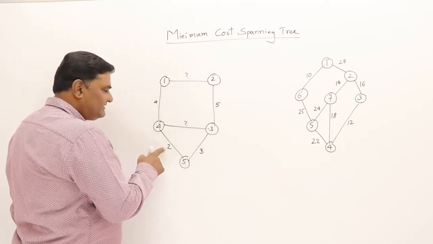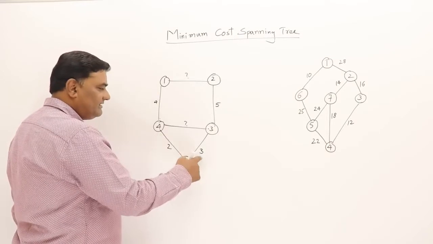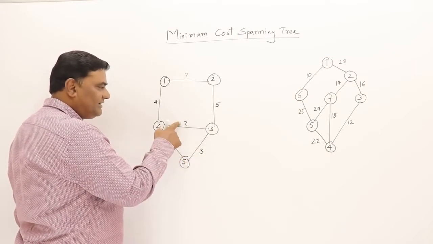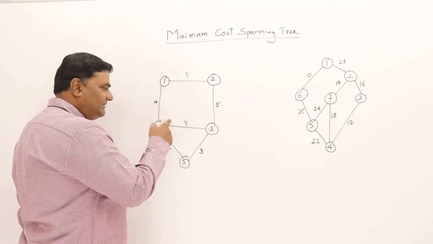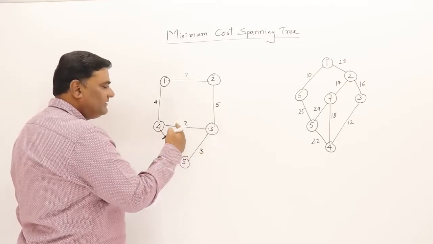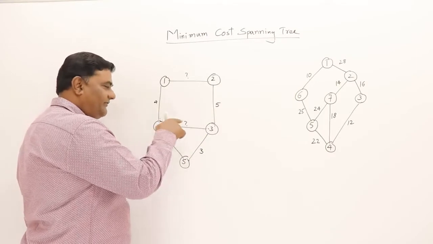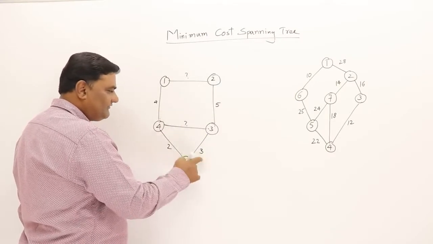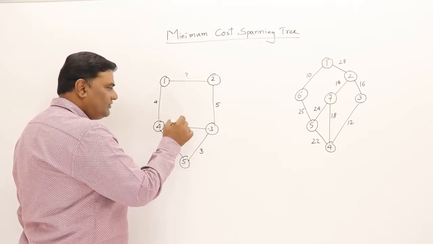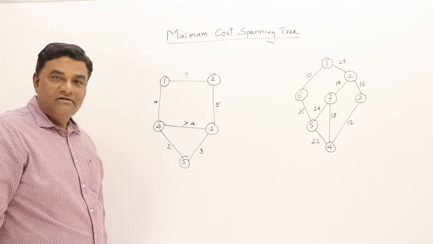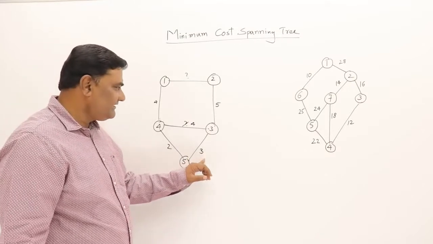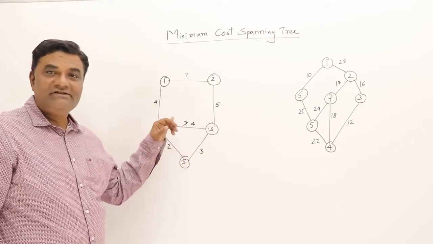See, this is included in a spanning tree, this is included in a spanning tree, but this is not included because it is forming a cycle. If it is included, this will form a cycle. So it may be considered after selecting these two. So the weight of this could be 4. First this is selected, then this is selected, then this is not selected, so definitely it is 4.